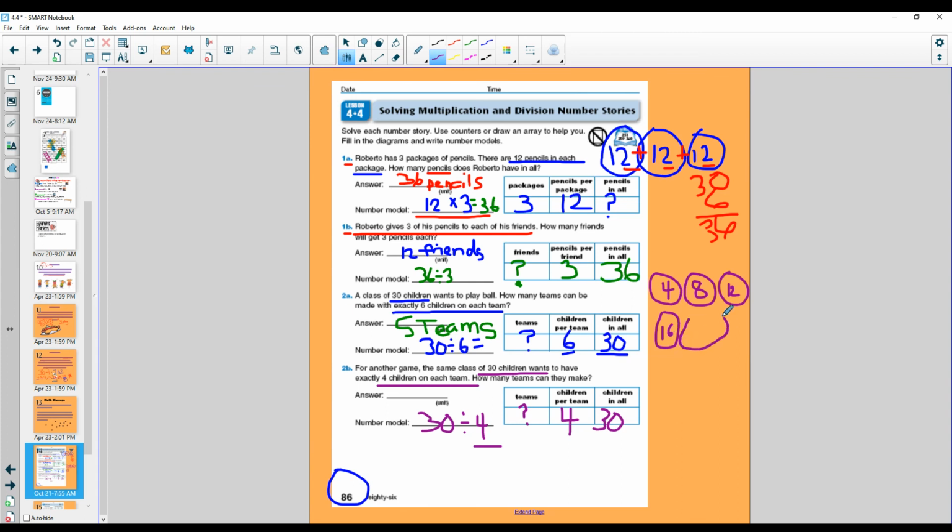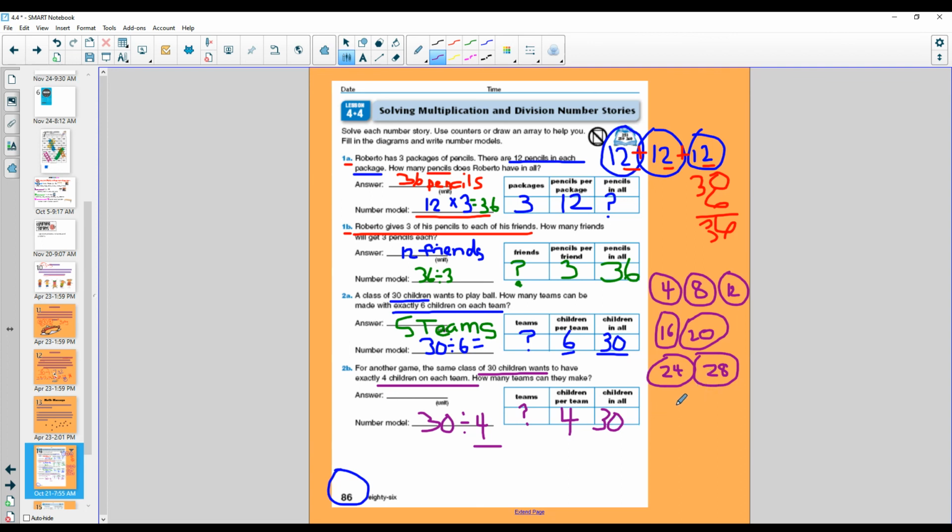Well, we can keep going. 16, 17, 18, 19, 20. 20 plus another 4. You got it. 24. If you don't have it, count on. 24 plus another 4, 28. Uh-oh. We can't do another 4. 28, 29, 30, 31, 32.